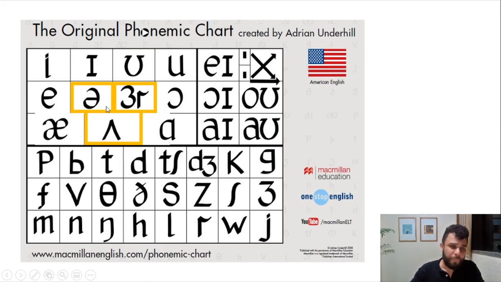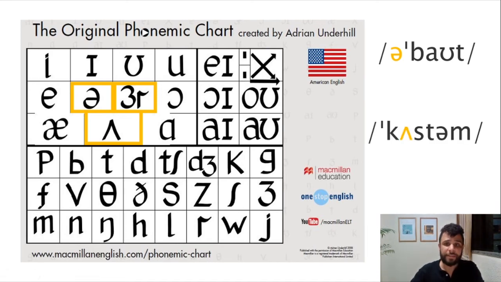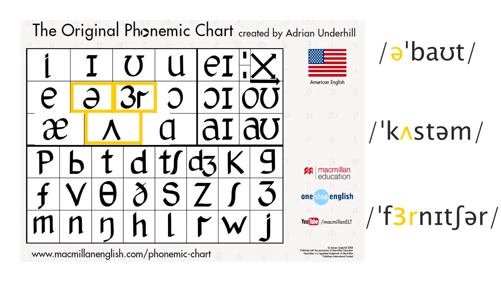For example, in a word like about, this is the schwa sound I would use to represent it. Now, in a word like custom, this is the sound I would use to represent it. And finally, in a word like furniture, this is how I would represent it, using this sound here, the third one.